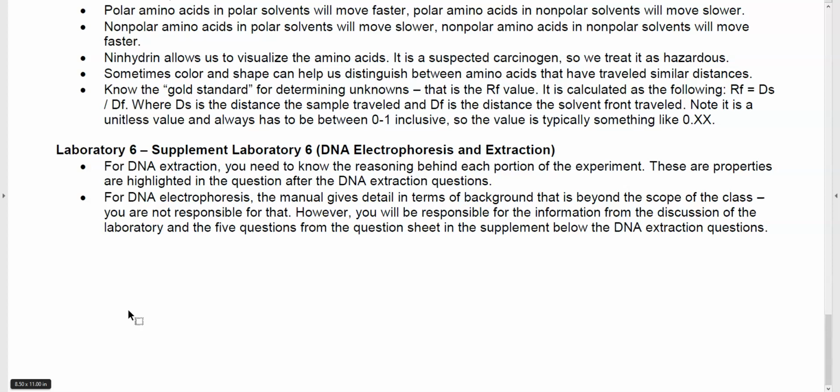One of the things that you might want to think about is I'm not big on procedures generally. Because I think the concepts are much more important than the procedures. One of the questions for the electrophoresis as an example says, well, list the steps in the electrophoresis process.